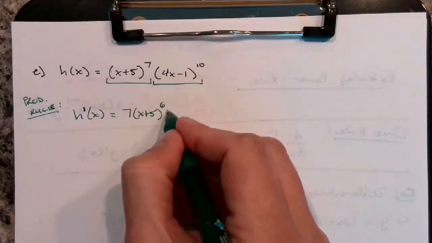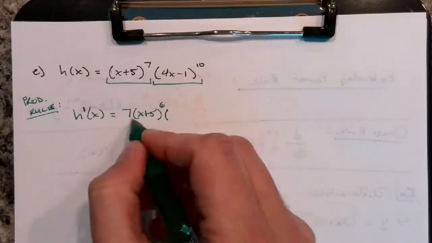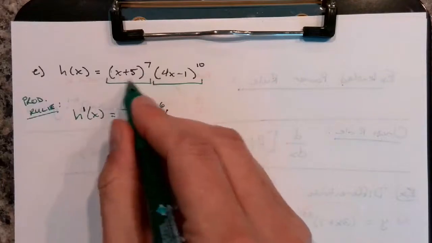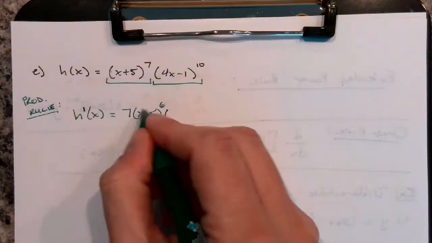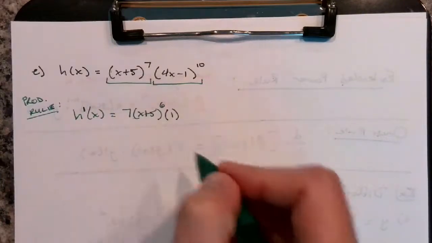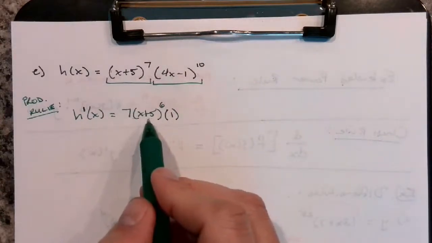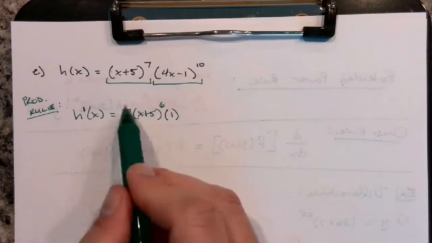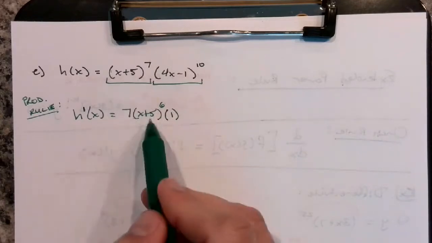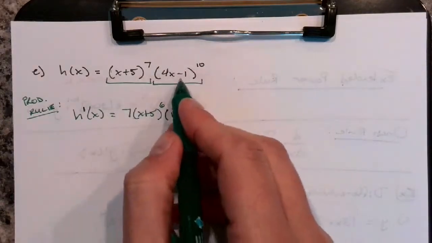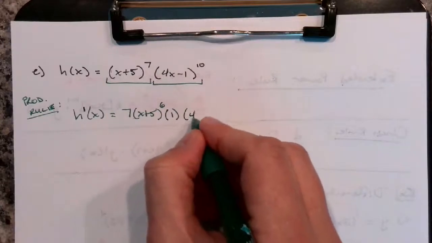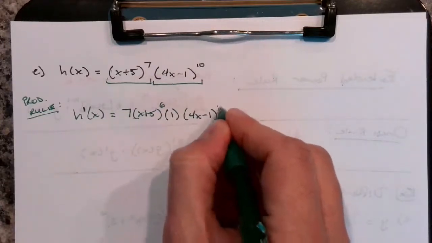And you multiply that by the derivative of the inside. This is the chain rule on this first part. Derivative of x plus 5 is just 1. So this part here is the derivative of the first. Times, you want to leave the second alone, so times 4x minus 1 to the 10th power.